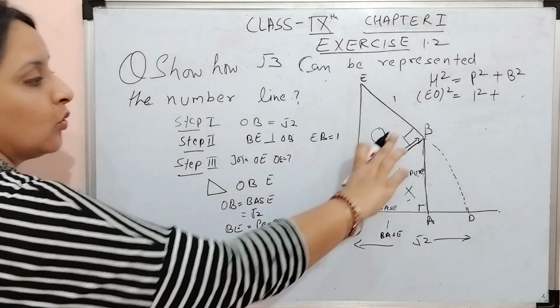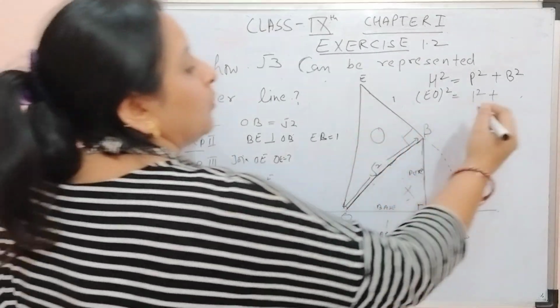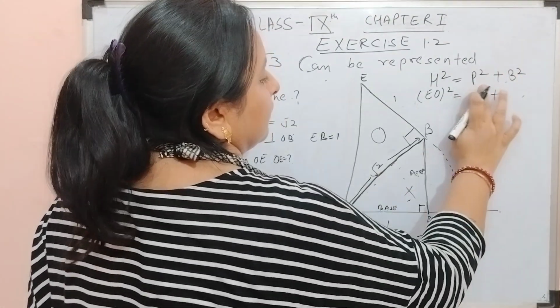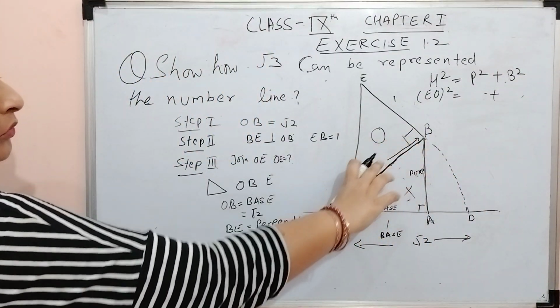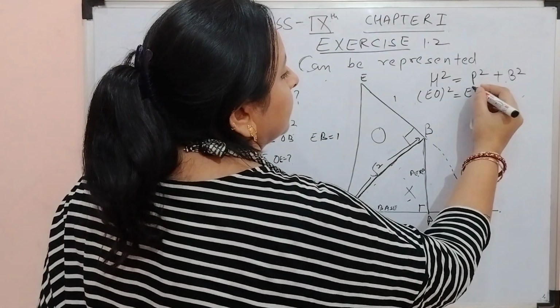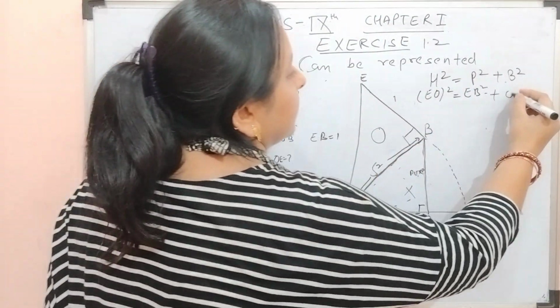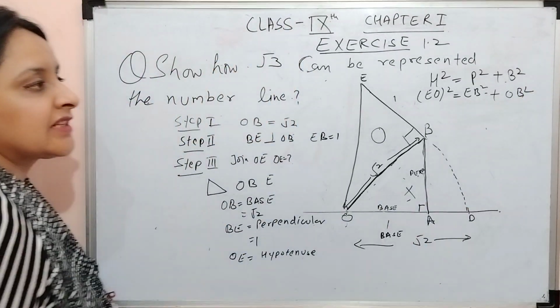Base is OB, so OB square. Let us do it step by step.